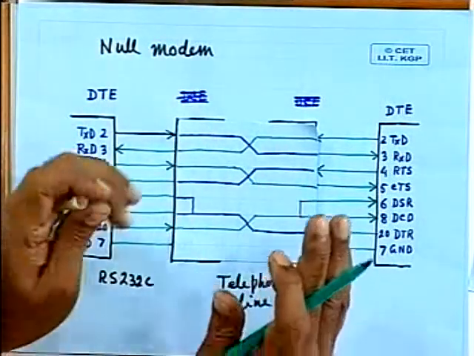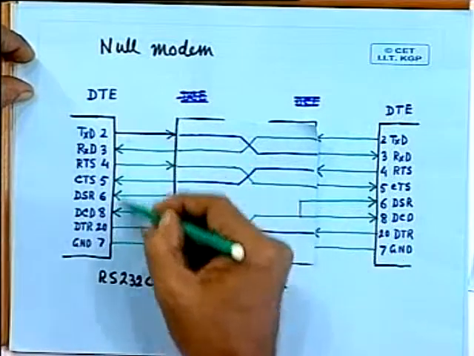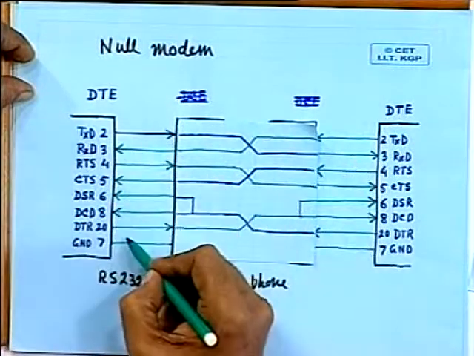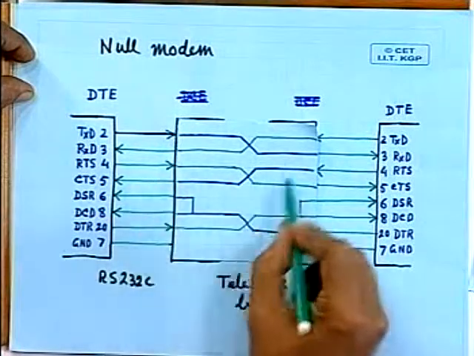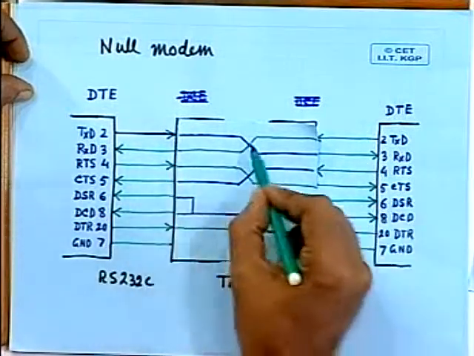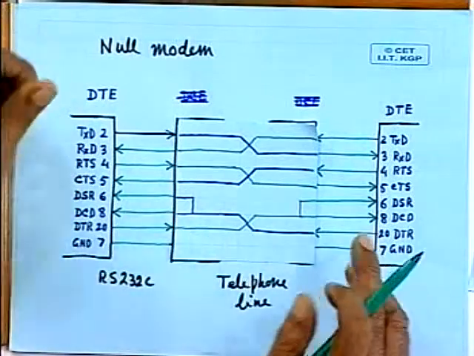Right now we don't have a modem, but what we have done is replaced the two modems by a single cable with two connectors, and the wiring between these two connectors is done in such a way that both the DTEs think as if they are connected to a modem.